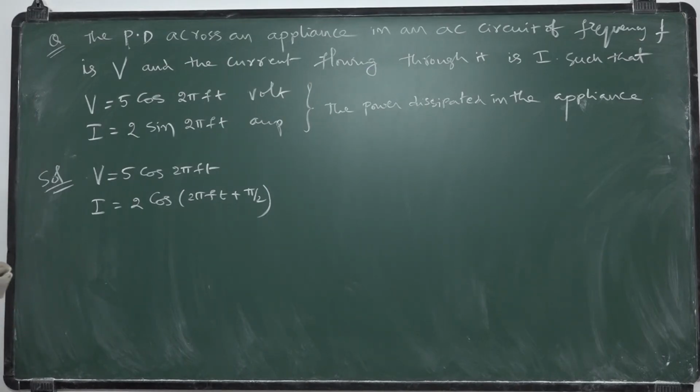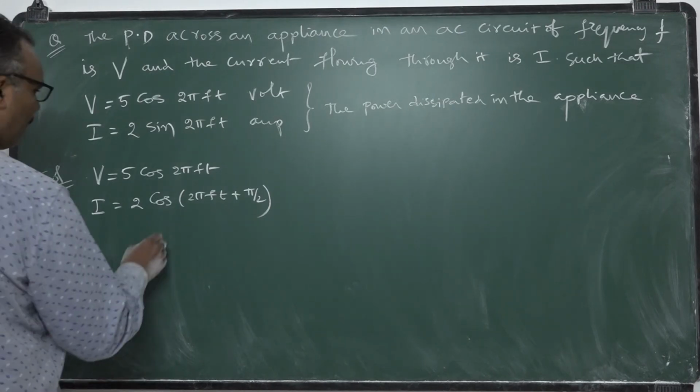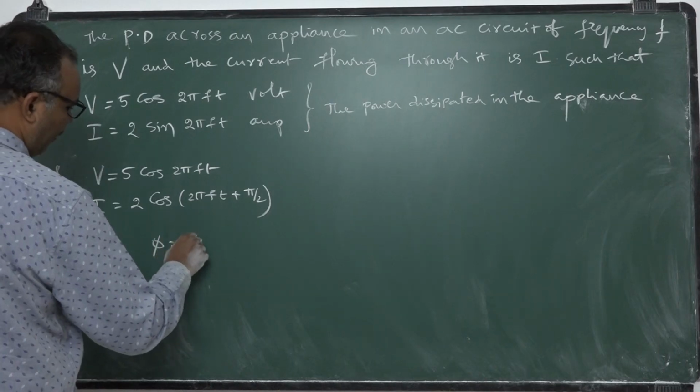Hence, there is a phase difference of pi by 2 between voltage and current.